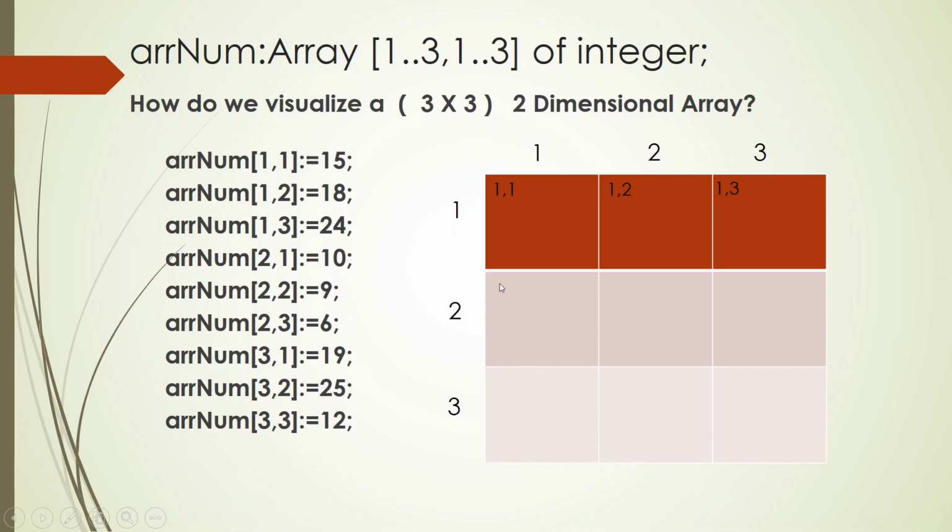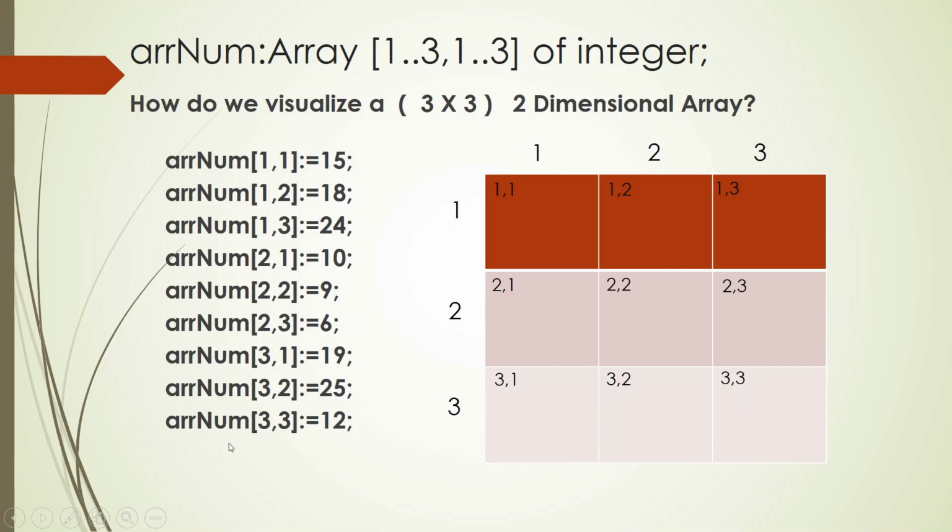I then go to the next row. Row 2, column 1, row 2, column 2, row 2, column 3. I then go to the next row. Row 3, column 1, row 3, column 2, and row 3, column 3. So it's always your row followed by your column.